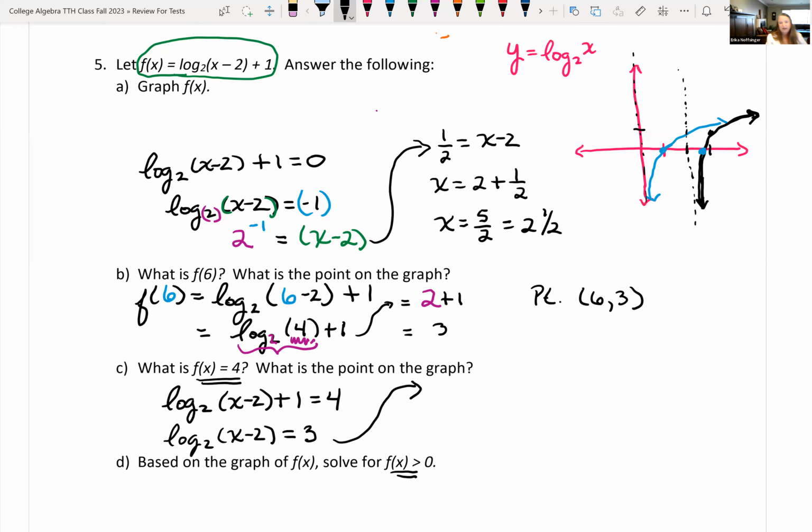Once you rewrite your log equation so it's a log equals a constant, we can rewrite this in exponential form to help us solve. So we're taking the base of our log, which is 2. We're raising it to the other side, which is 3. So 2 cubed is equal to our argument, which is this x minus 2.